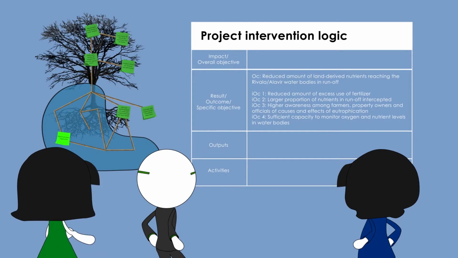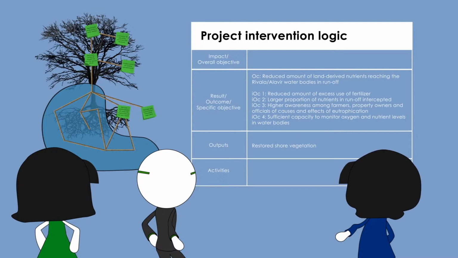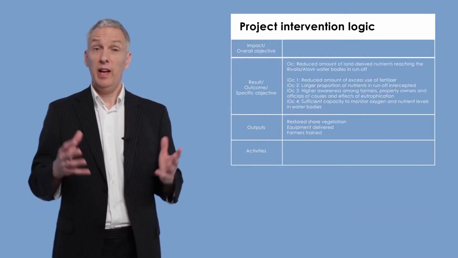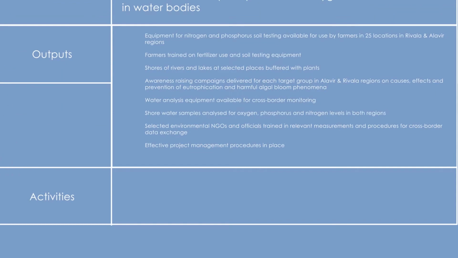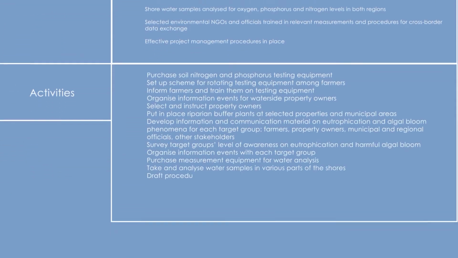And so as outputs, we have the restored shore vegetation. But surely we will have more key outputs. For sure. Let's look at what we need to achieve our results. For instance, we will need equipment delivered, farmers trained. And so our partners list all the outputs and subsequently brainstorm the necessary activities.